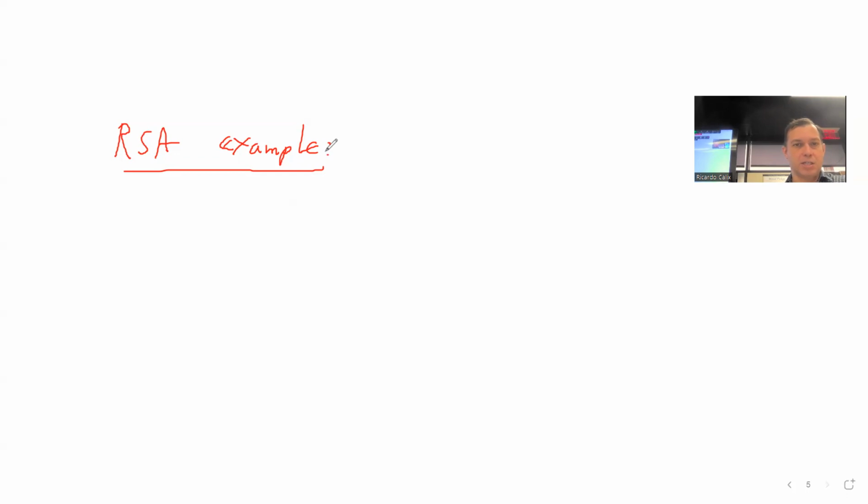The message is 7, so our plain text message is the number 7, and that's what we want to encrypt. We need to get public and private keys. The public key is E comma N, and the private key is D comma N. So we need to get those parameters and then use the equations to obtain our result.